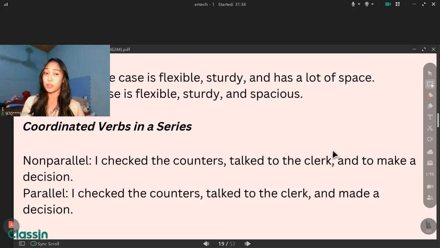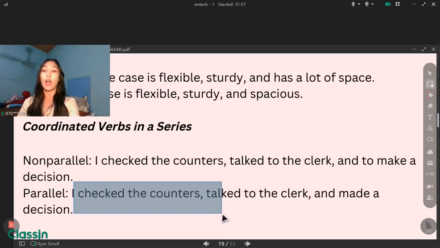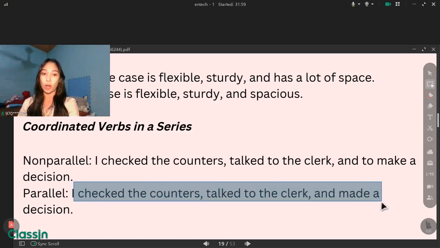Since it is in future tense, we need to follow the past tense form. How should we make this? We need to transform to make a decision into past tense. It would be: I checked the counters, talked to the clerk, and made a decision. So now all of our verbs are in past tense form.